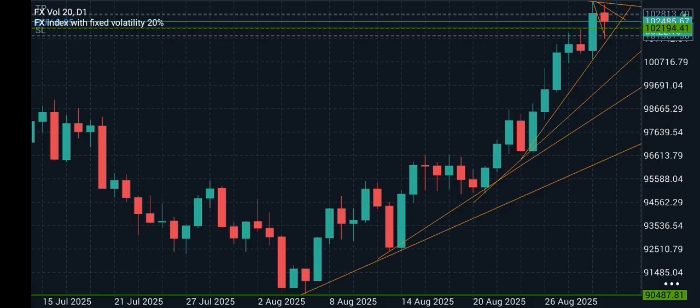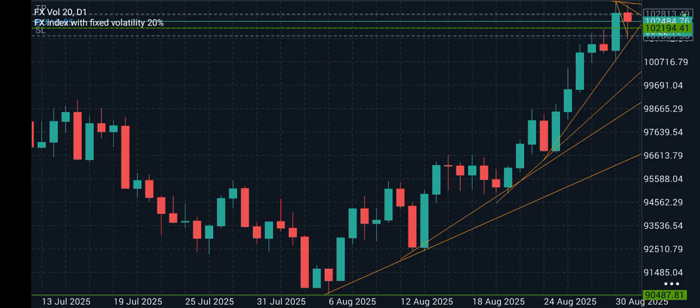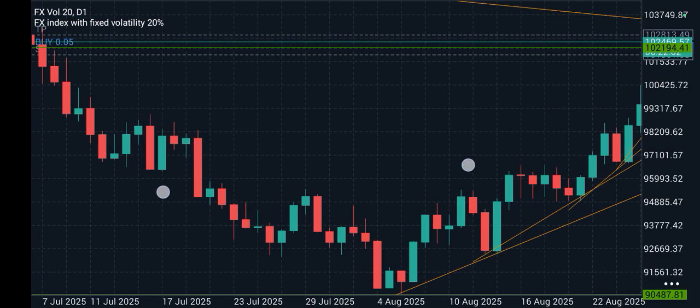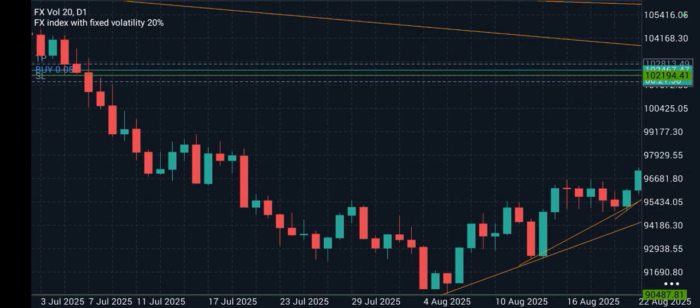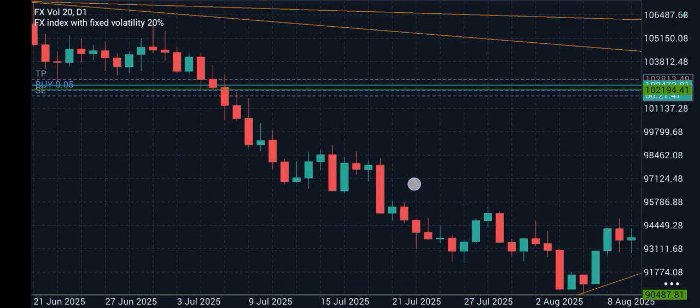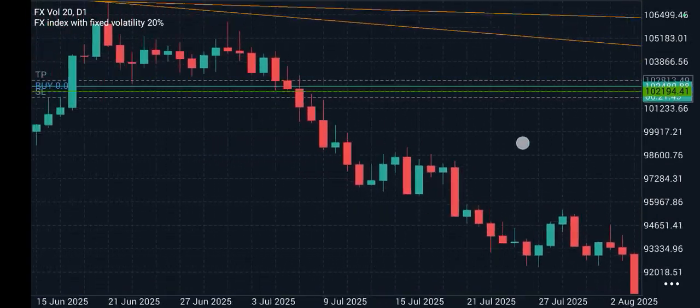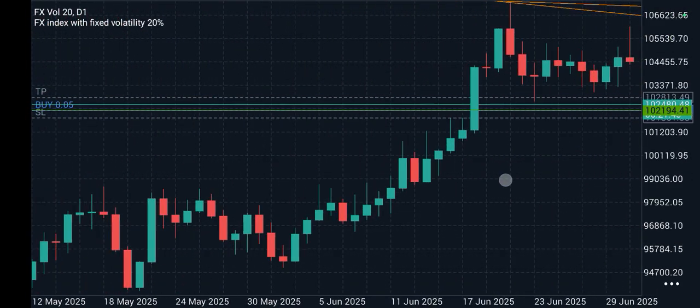Now, time frame refers to the period that each candlestick, bar or tick represents on a trading chart. This is a trading chart, just like I explained in the former video. The time frame defines how price data is visualized and determines the scope of market analysis. This red and green candle you are seeing here determines how I view this chart.